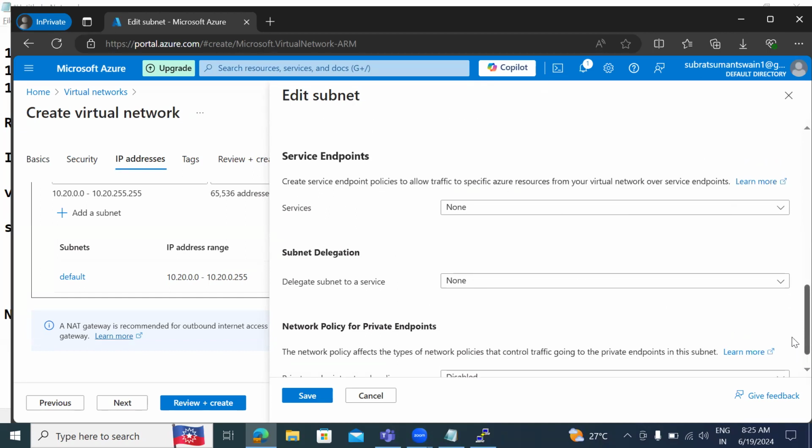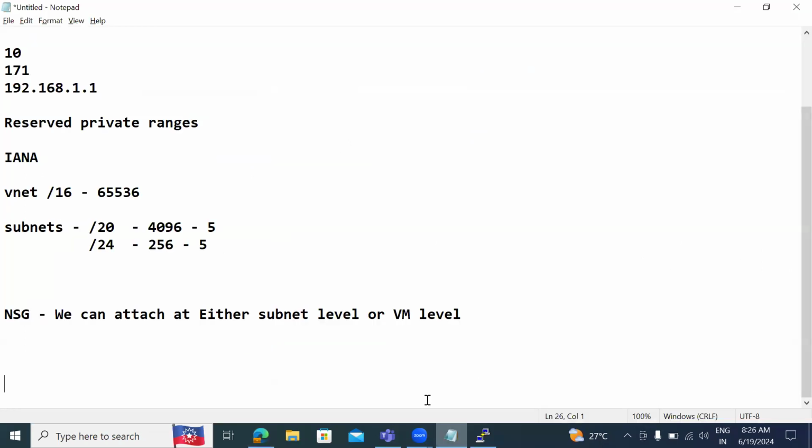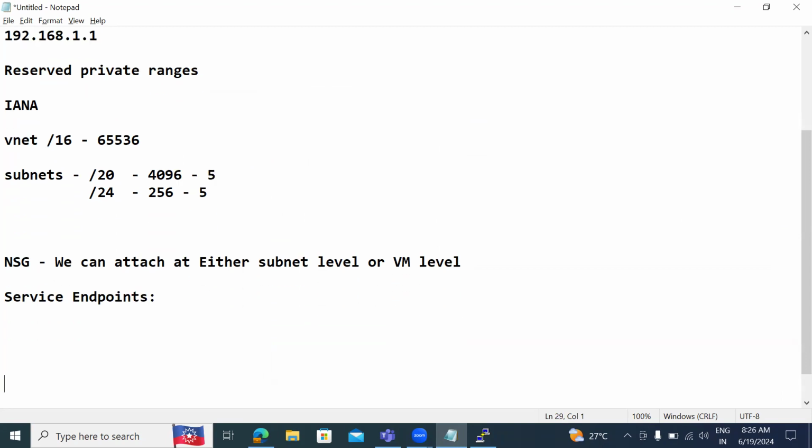And here one more very important point is service endpoints. What is the meaning of service endpoint? We have a subnet, and the subnet wants to access some Azure PaaS-based services. I'll give one example.